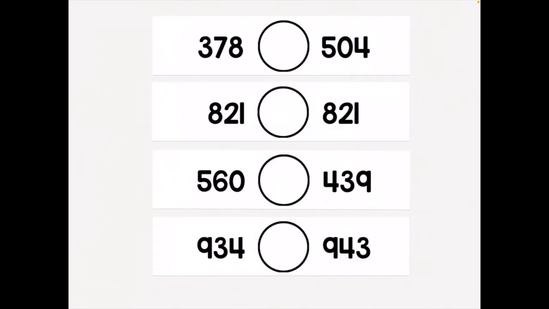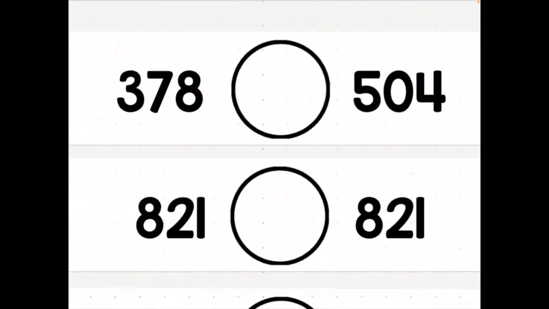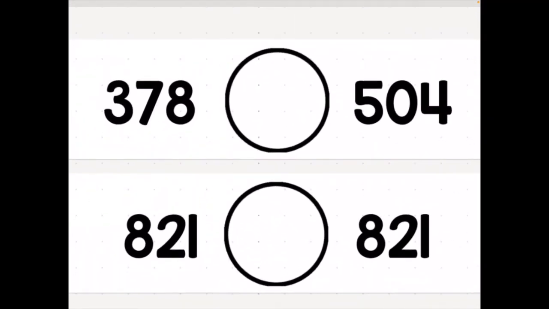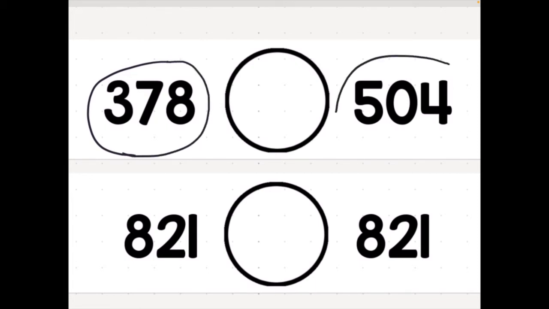Okay, now this one doesn't have the cool nifty chart on it, but we can still do the same thing by looking at the hundreds, tens, and ones. So over here we have 378 and 504. My stylus is being kind of buggy today, meaning it's not working like it should.